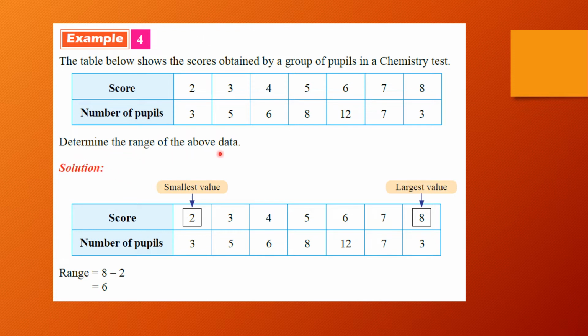Determine the range of the above data. To find the range, we must look at the score. That means the smallest score is 2 and the largest score is 8. So the range is 8 minus 2, that is 6. So we have to refer to the score for the range, not to the number of pupils.